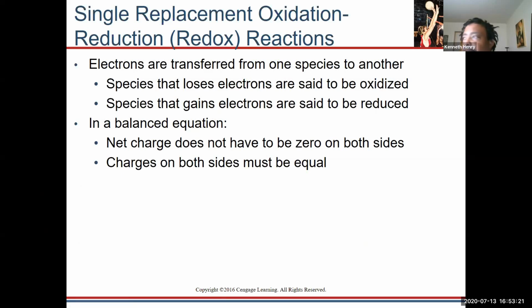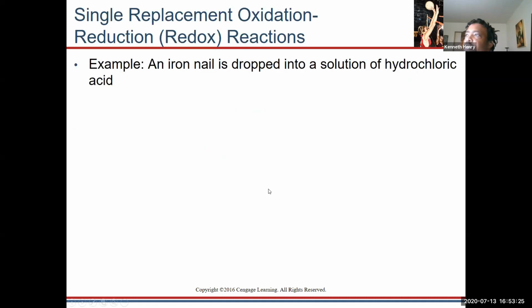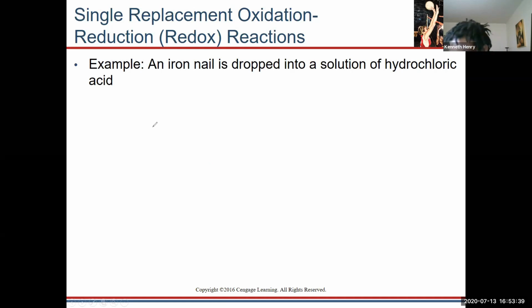Okay, so let me give you another example of a redox reaction. It says an iron nail is dropped into a solution of hydrochloric acid. So let's write the conventional equation. What is the chemical formula for an iron nail?